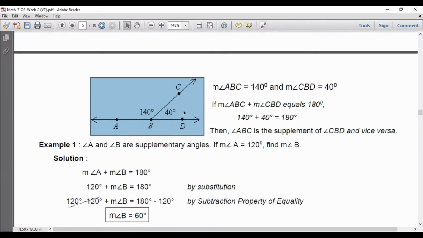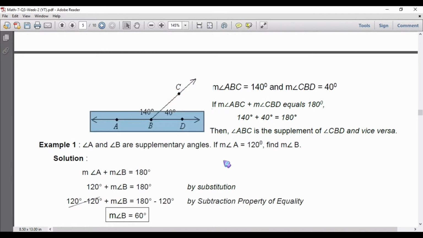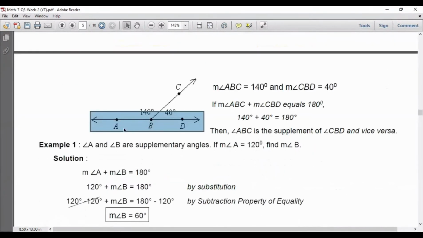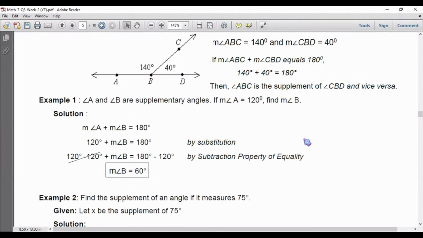Angle ABC and angle CBD, which are adjacent angles, are also supplementary angles, and they form a straight line. Ito yung sinasabi dito: if the two supplementary angles are adjacent, then they can form a straight line. Yes, they form a straight line.